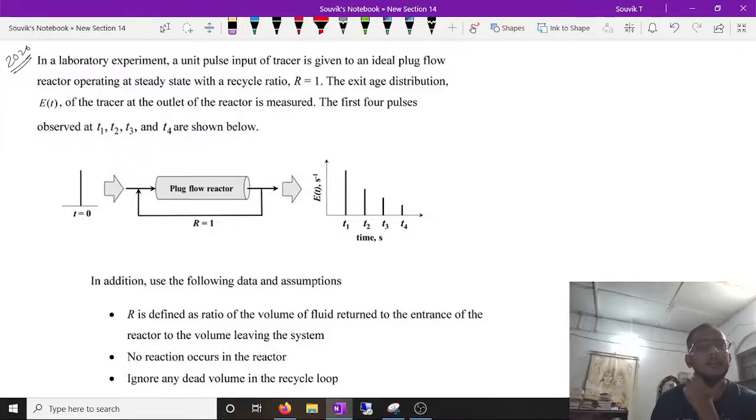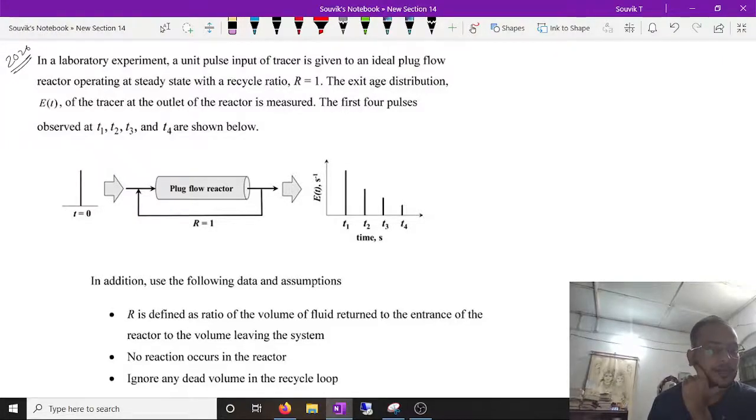It states that in a lab experiment, a unit pulse input of tracer is given to an ideal plug flow reactor operating at a steady state with a recycle ratio R equals 1. The exit distribution E(t) of the tracer at the outlet of the reactor is measured. The first four pulses observed at T1, T2, T3 and T4 are shown below.